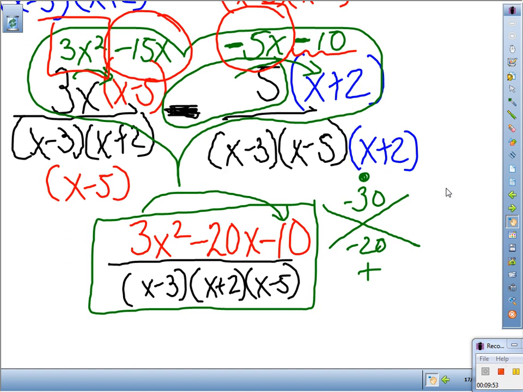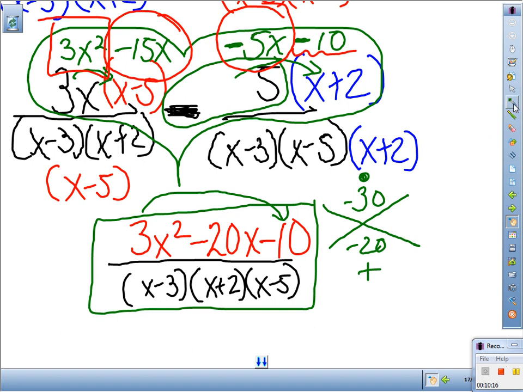Now, according to the instructions, look at the instructions on your play sheet for that problem. It reads, add or subtract, but then it says, identify any x values for which the expression is undefined. Now, what does that mean? What that means is this.